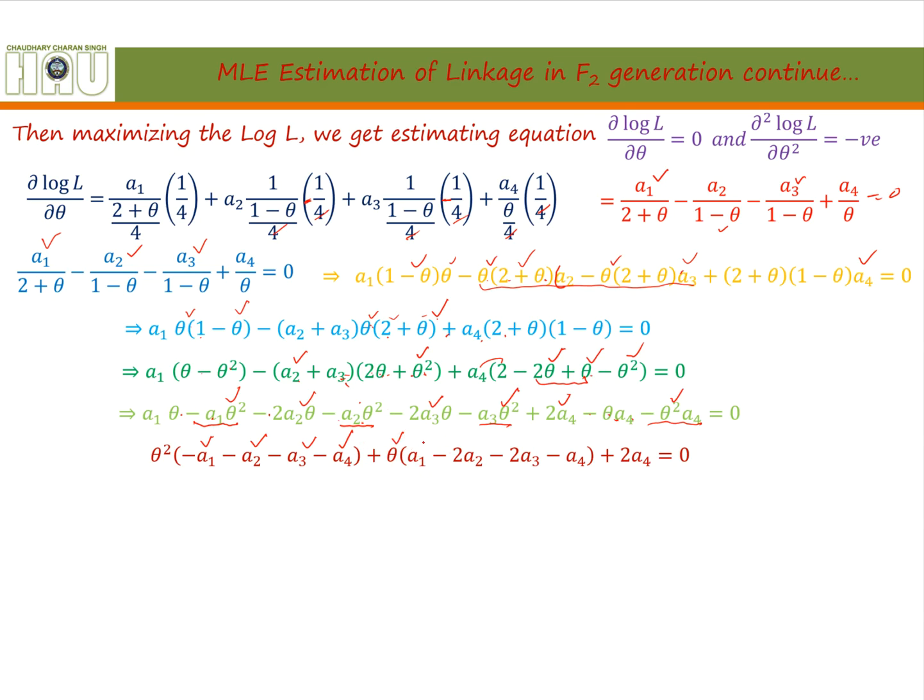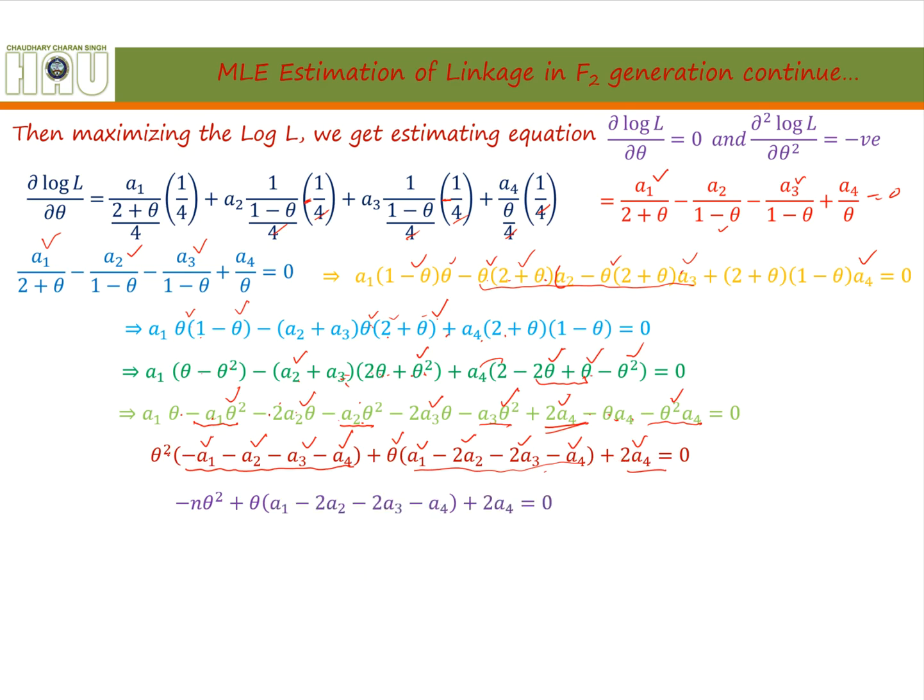Here theta, so it is a1 minus twice a2 minus twice a3 minus a4 plus we have another term 2a4. Now if you look at this equation, this is quadratic in theta. This is the coefficient of theta square, this is the coefficient of theta, and this is your constant term. So you can write like that.